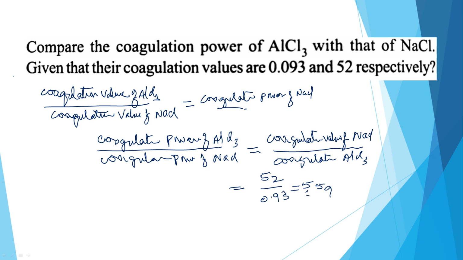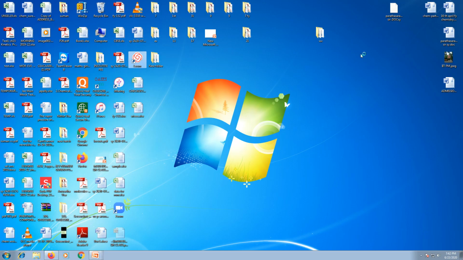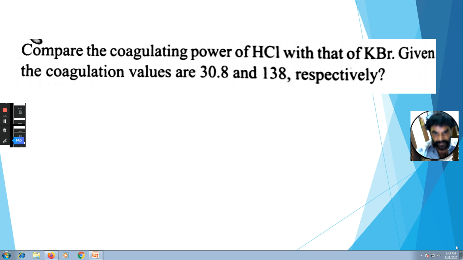559 is this many times. AlCl3 is a more powerful coagulating agent than sodium chloride. Next: the coagulating power of HCl compared with that of KBr.